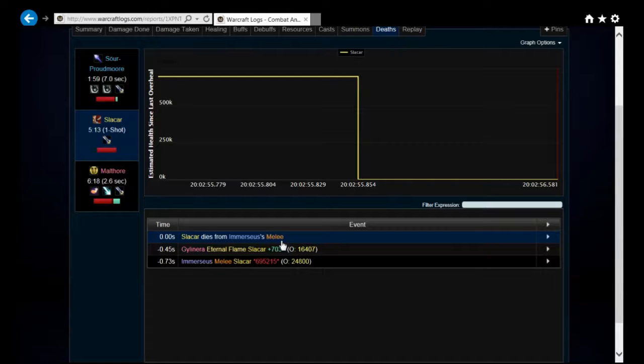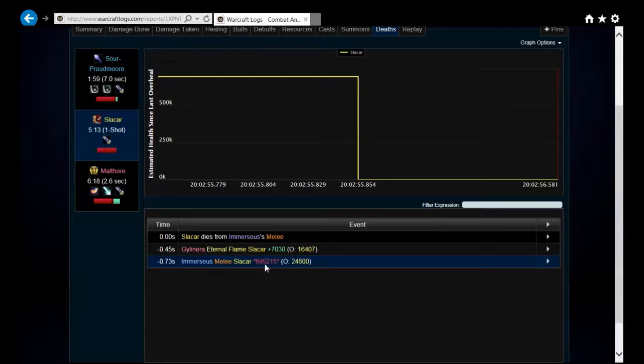But obviously what this is saying is that somehow or another, Slacker got threat on Immersius, and it hit him for 695k. One-shotted him. So that's avoidable. That's something we need to figure out. I mean, this could be that Immersius was just coming up from his second phase and just popped Slacker right off the bat. Who knows? But either way, Slacker got killed.